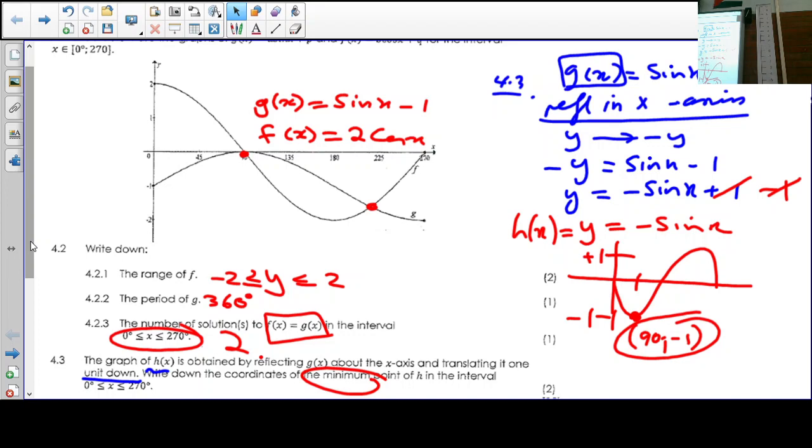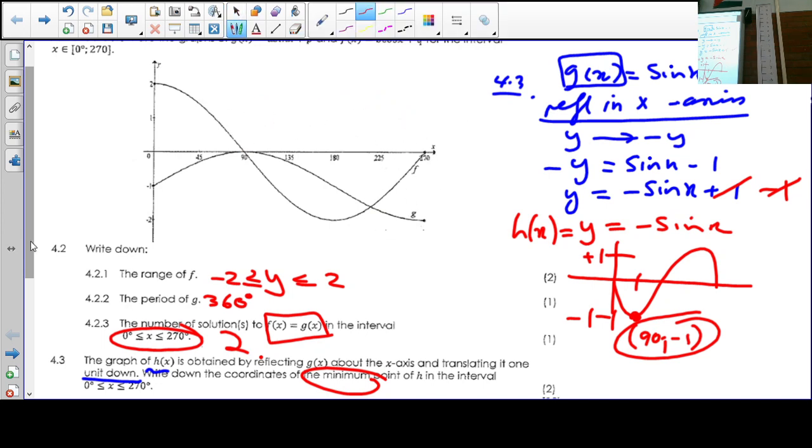Otherwise, you could have used the graph itself. Okay? If I take the graph itself and I take the transformation into account, the graph is obtained by reflecting g above the x-axis. So if I reflect the g graph in the x-axis, that point goes there. This remains there. This is 270 and negative 2, which become 270 and 2. So there's that graph. Okay?